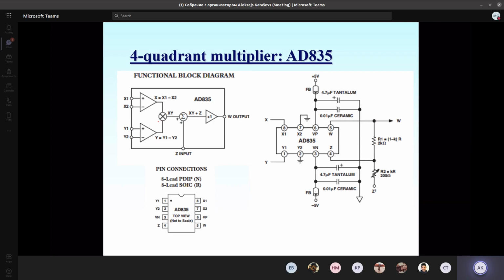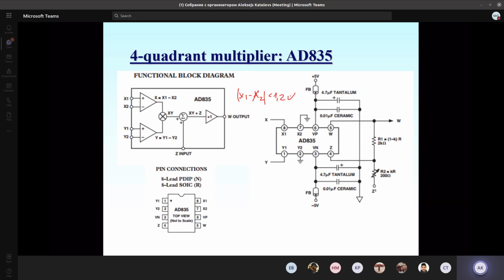And if you find the data sheet of this amplifier, you will find that the range of these differences, x1 minus x2, is pretty small. The input range, either x or y, so x1 minus x2 should be less, by absolute value, than 1.2 volts. So it's very small.